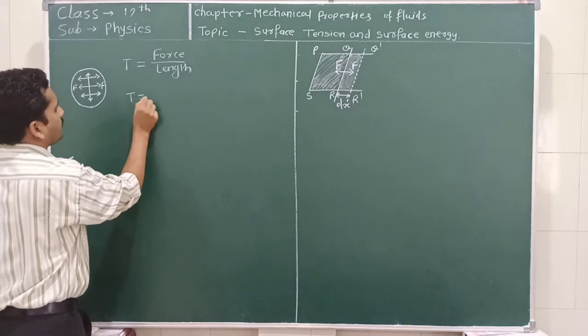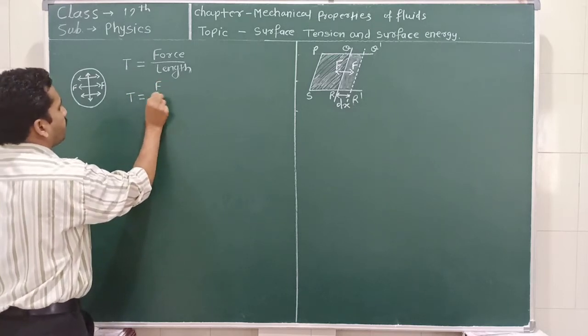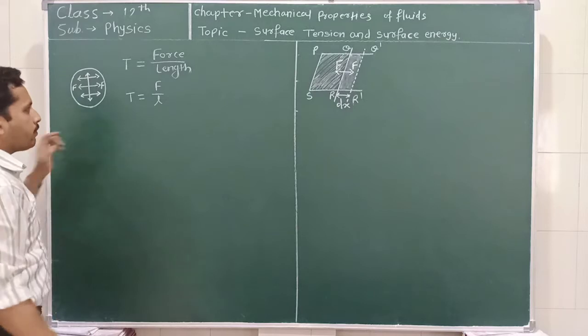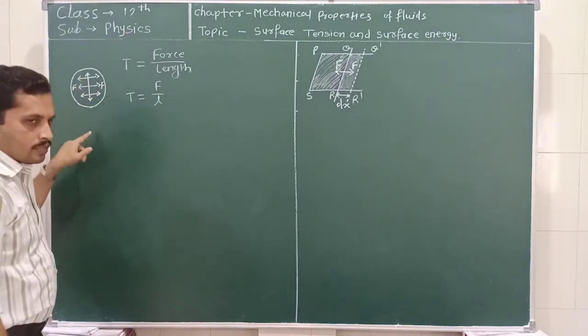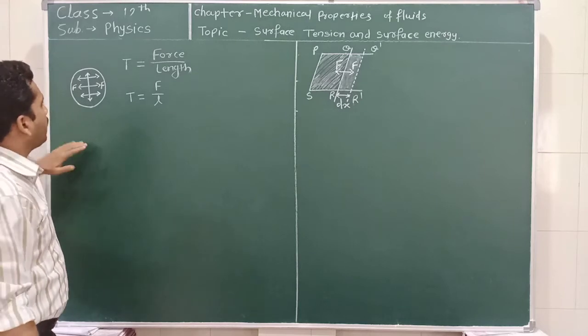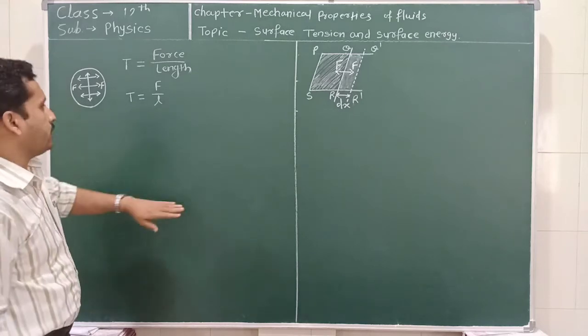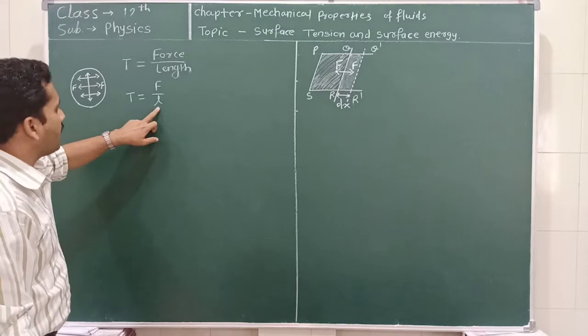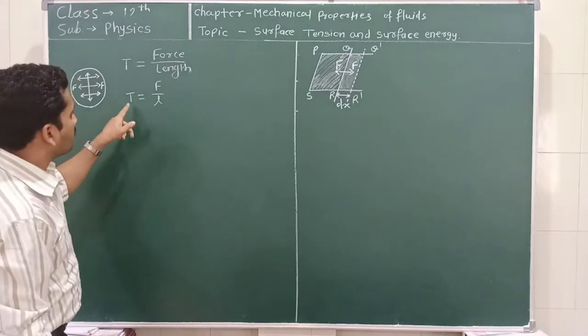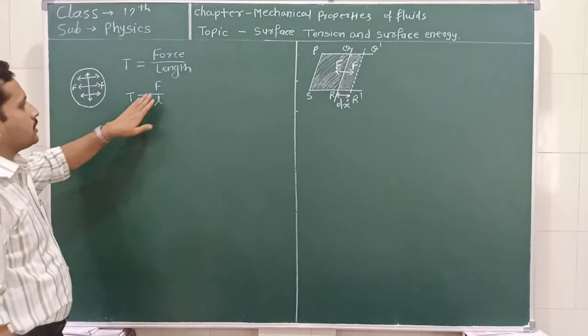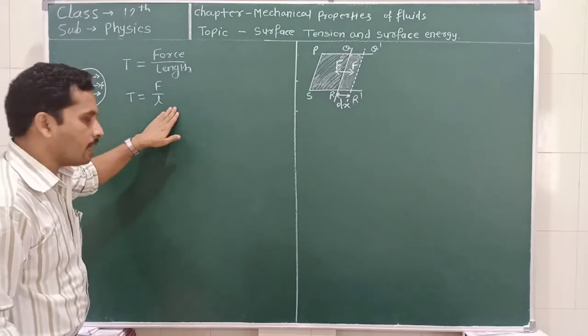T is equal to F divided by L. What is F? F is a force acting perpendicular to this line and tangential to the surface. And L is the length of this imaginary line. Therefore, surface tension is equal to force per unit length.